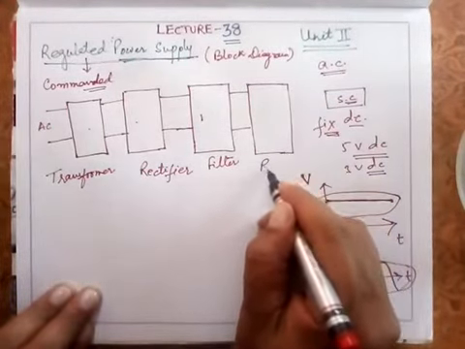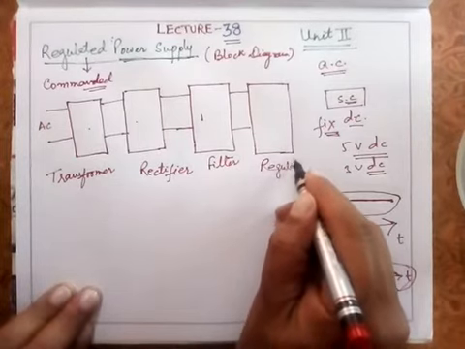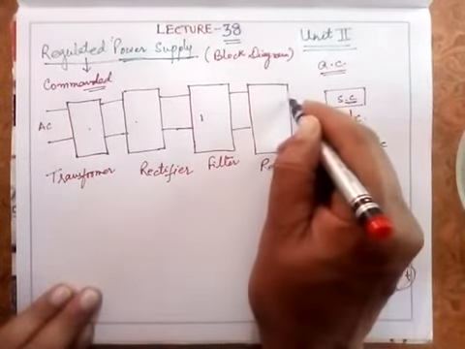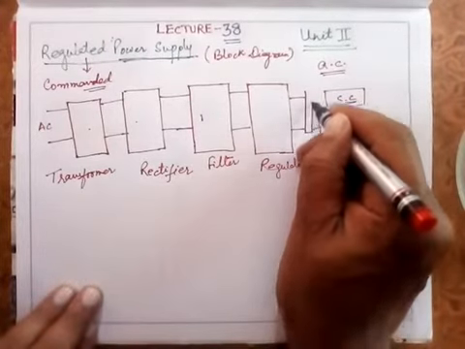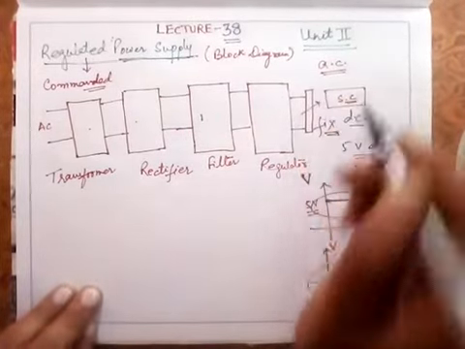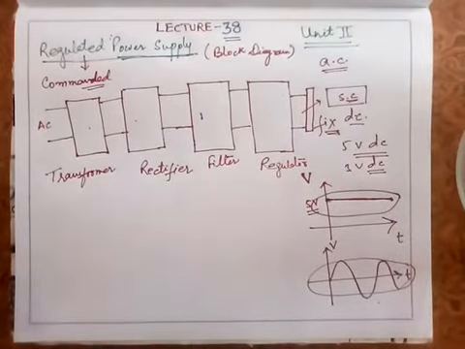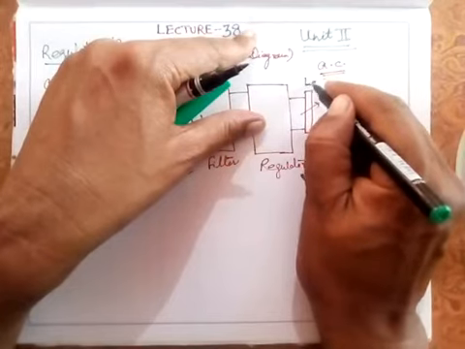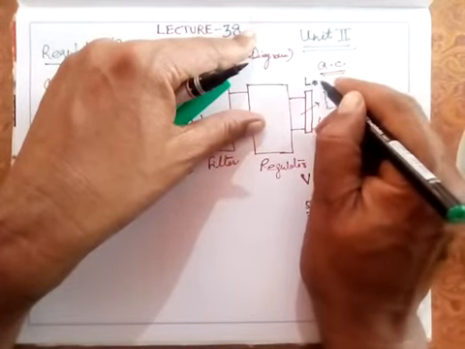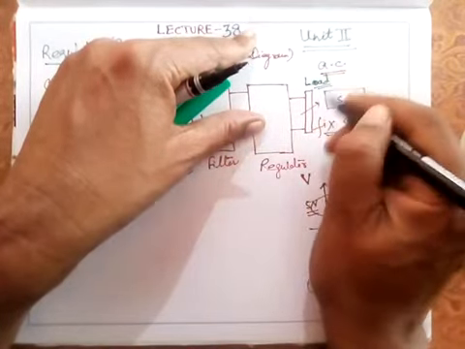And finally, this output is given to a load. This can be any load. Load means it can be any appliance, which I treat as a load. This load can be your TV set, your mobile phone, or your laptop. We name this a load here.